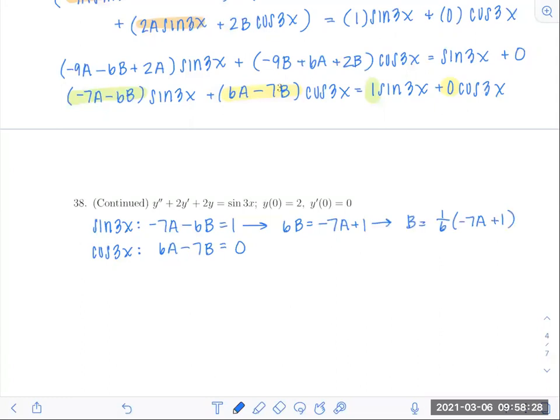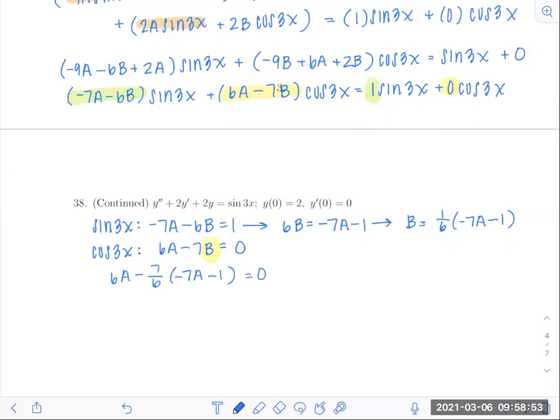Oops, I just noticed I made a sign error, so let's fix that to a minus. Okay, and now I'm going to plug that in right here in the second equation. I'm going to start on the next line. So 6a minus 7/6 of negative 7a minus 1 equals 0.